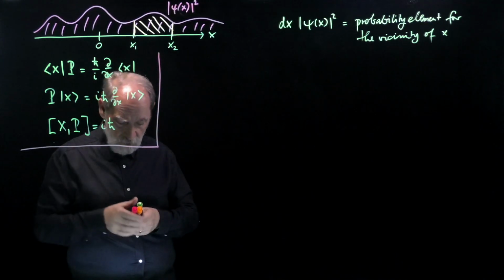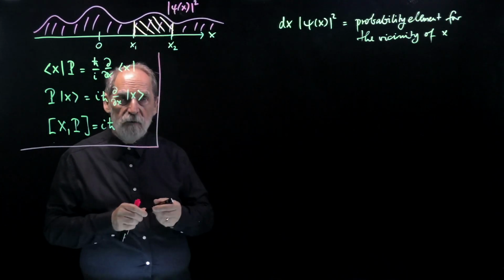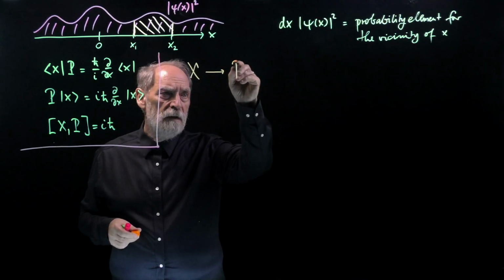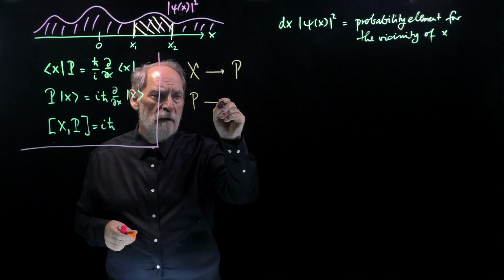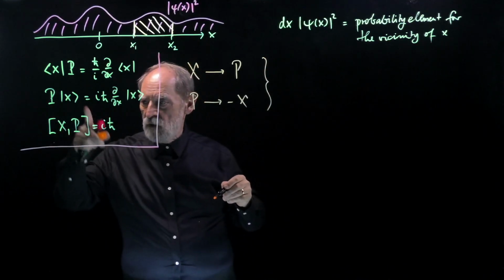Now, here, if we were to exchange x by p and p by negative x, what does this do to this commutator?